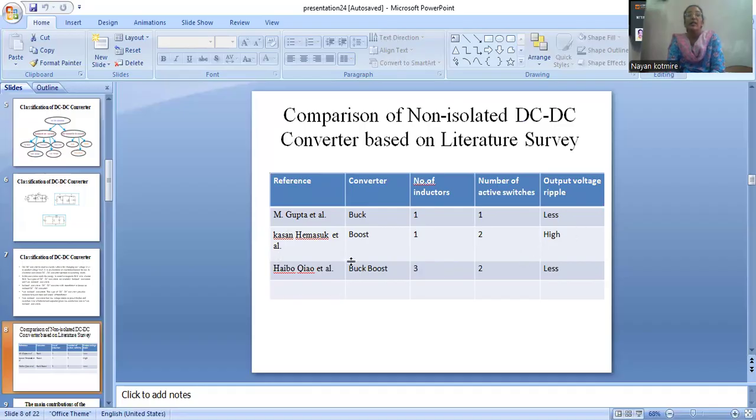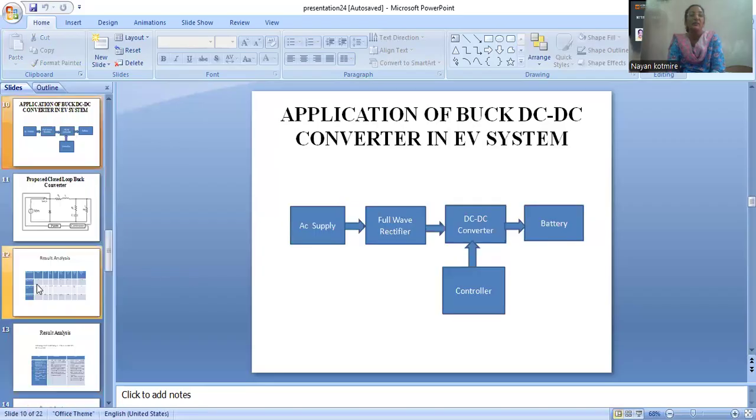Reference number 18 designed the buck-boost converter with three inductors and two active switches, and they found less output voltage ripple. From this comparison of non-isolated DC converters, it is found that the buck converter is suitable for the proposed battery charging system, having the least number of components and less output voltage ripple.